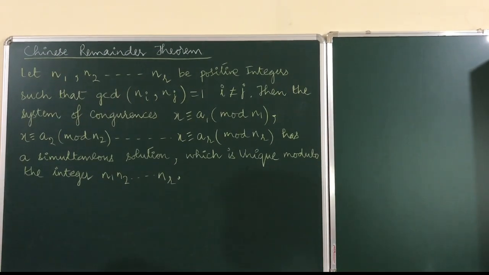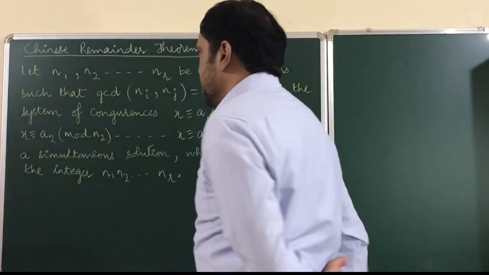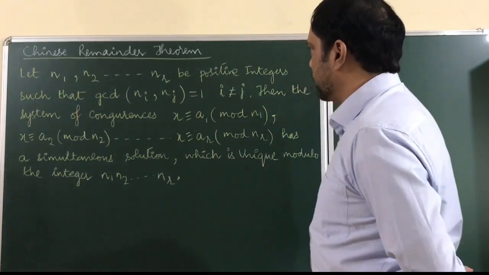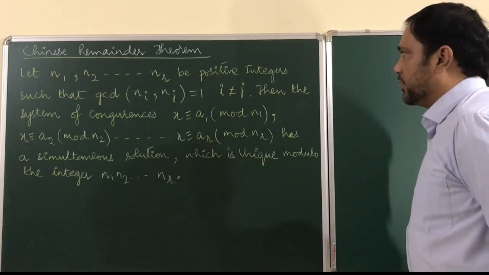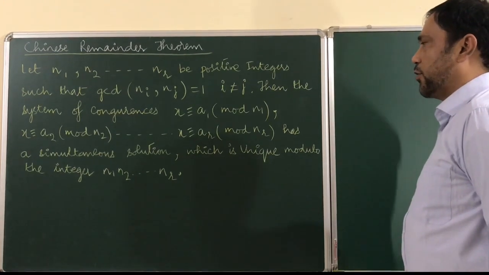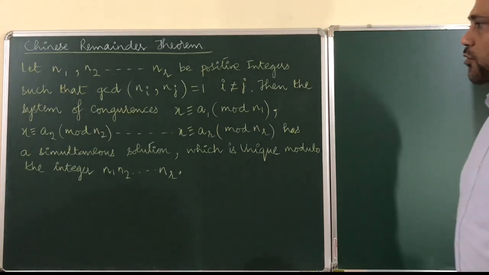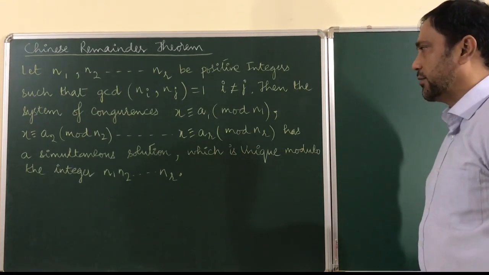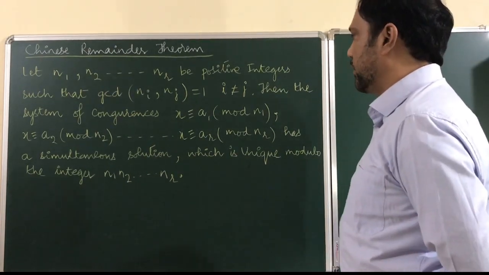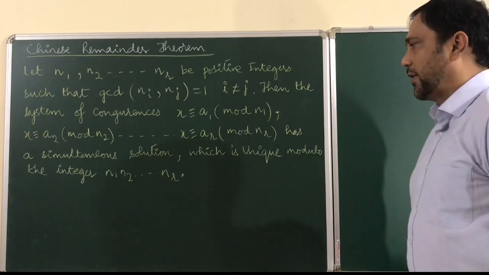This theorem says that if n1, n2, ..., nr are positive integers such that the GCD of ni and nj is 1, where i is not equal to j, meaning all these n1, n2, ... are co-prime, then the system of congruences, that is x congruent a1 modulo n1, x congruent a2 modulo n2, and similarly x congruent ar modulo nr, has a simultaneous solution which is unique modulo the integer n1 times n2 times ... times nr.